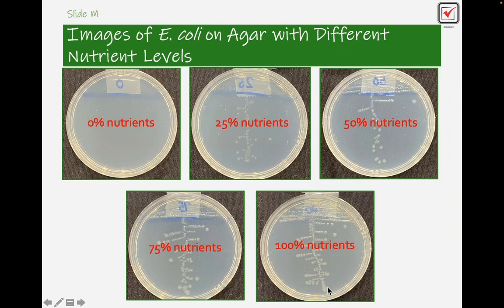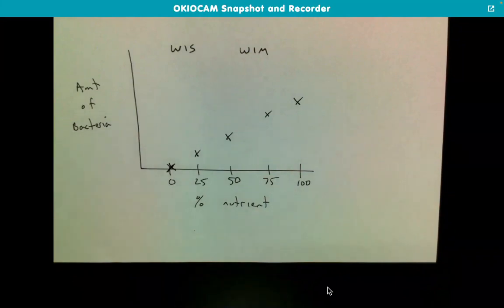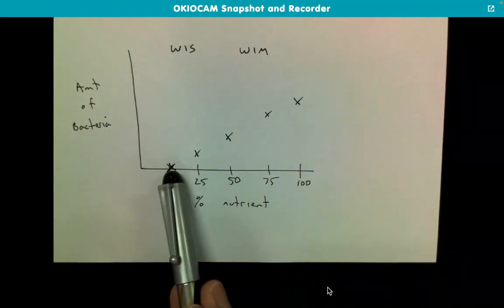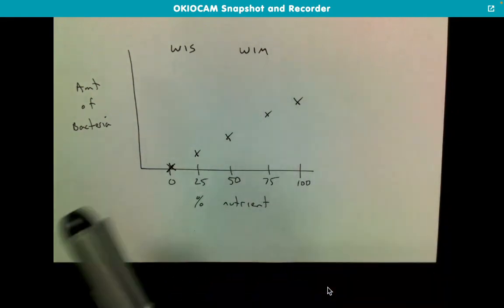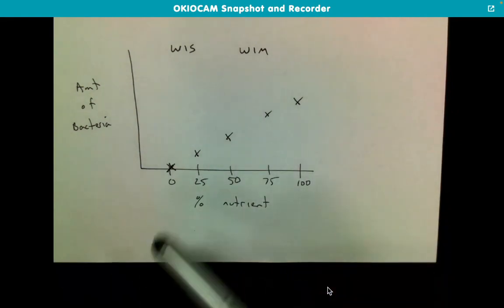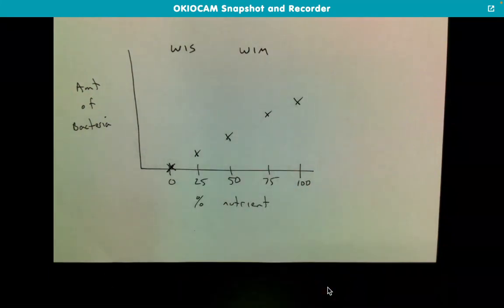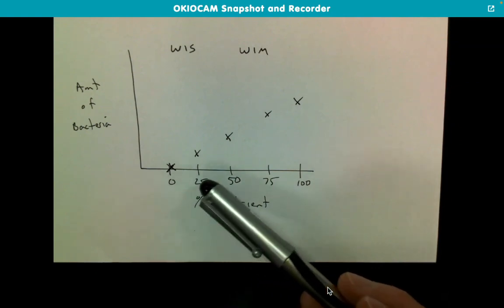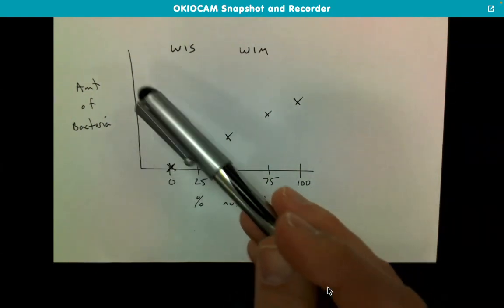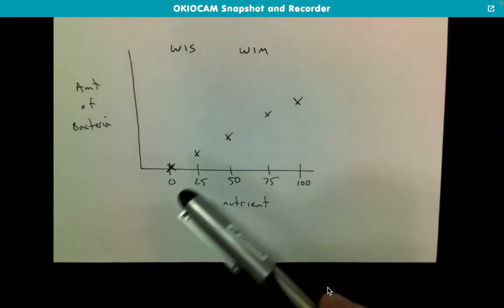Now I'm going to switch over to turn this into a graph of sorts. So if you look here, when we have no food, there was no bacteria. When we added more food, we kept getting more growth on it. And WIS stands for what I see. So we're going to interpret this. So I see that the more food I add, the more bacteria that I get. That's what I see.